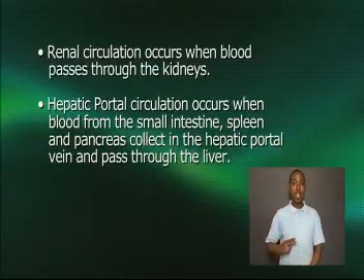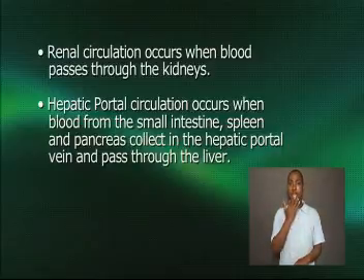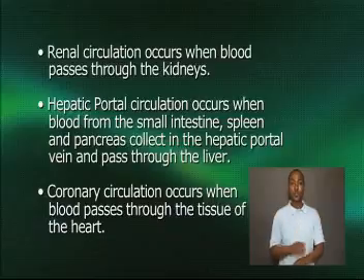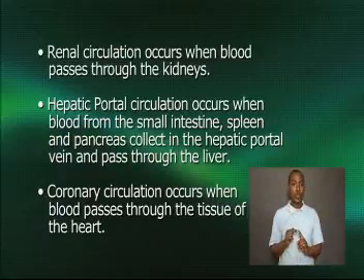Hepatic portal circulation occurs when blood from the small intestine, spleen, and pancreas collect in the hepatic portal vein and pass to the liver. Coronary circulation occurs when blood passes through the tissue of the heart. If you wrote each one correctly, fantastic work!